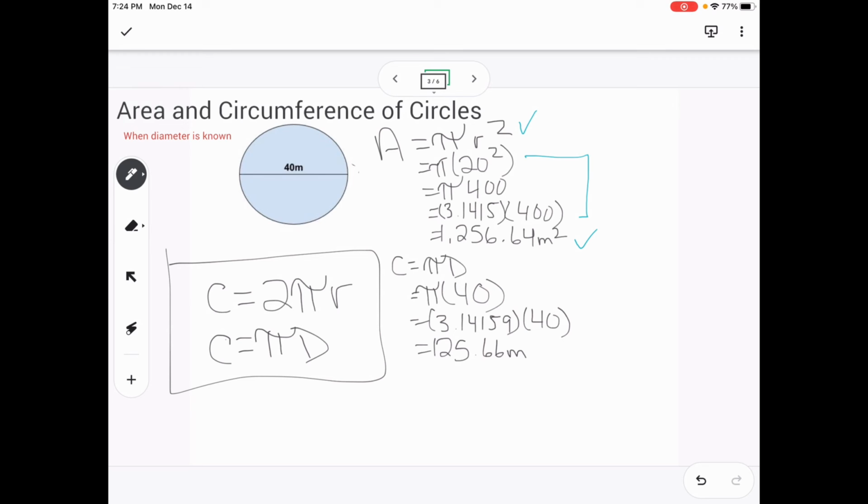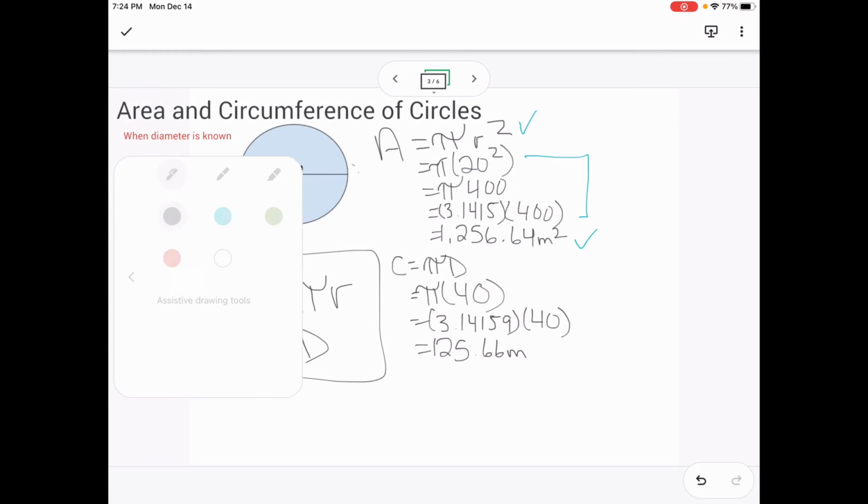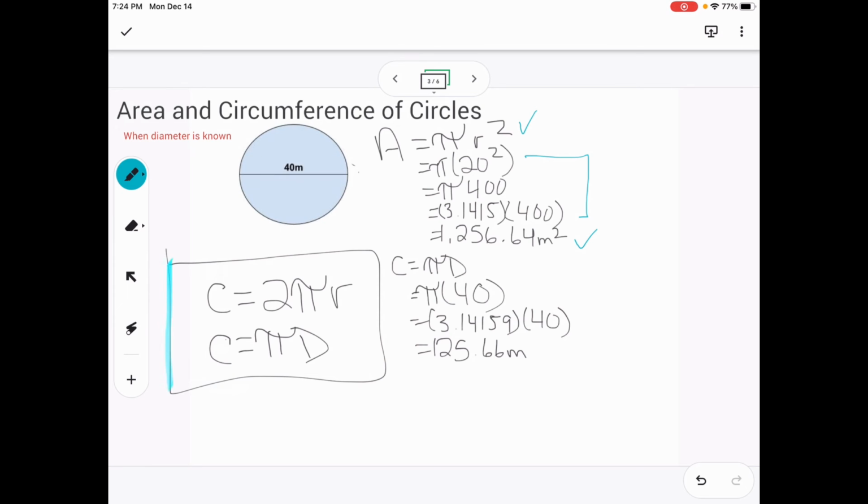Okay, so the takeaways from this video are that circumference has two different equations. You can use either pi times diameter, or you can use 2 times pi times radius. So it all depends on what your question is asking you, whether it's given you the radius or whether it's given you the diameter.